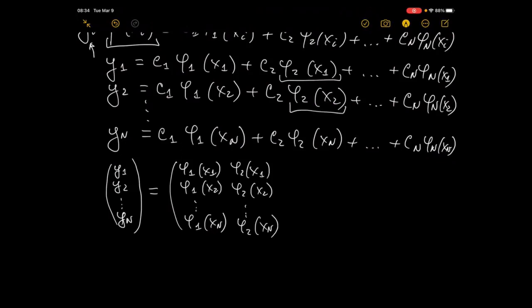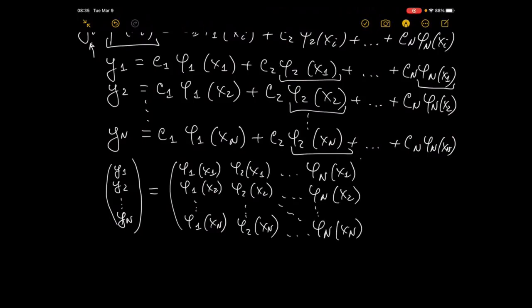So these form a corresponding column, and so on till phi_n at x1, x2, and so on, and this multiplied by the corresponding coefficients c1, c2, cn.